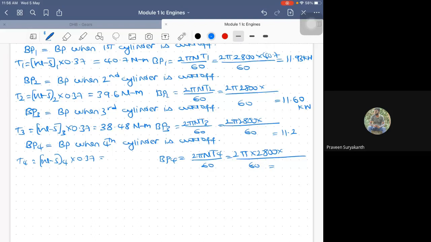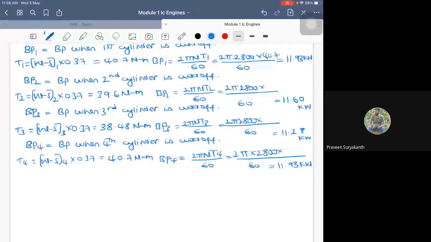Since this one is same, this will again get the same. It will be 40.7 Newton meters here and BP4 is how much? BP4 is 11.93 kilowatt.